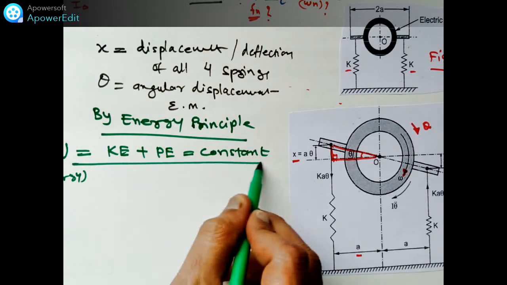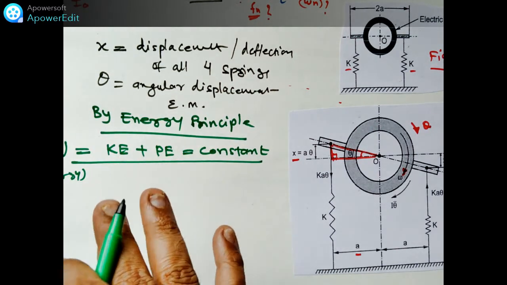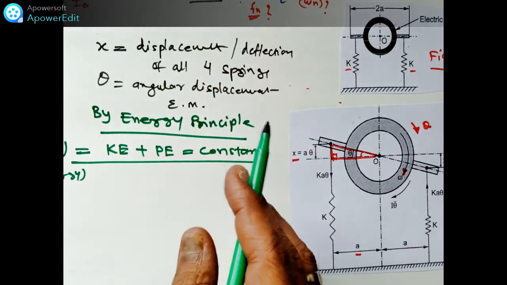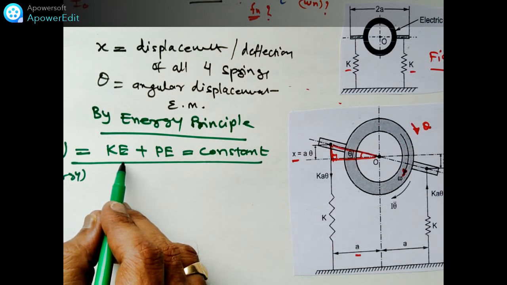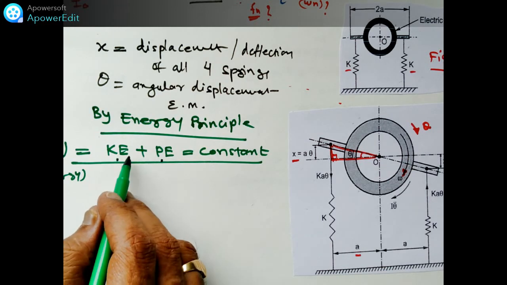That means energy cannot be created nor destroyed, and it can be converted from one form to another form. Kinetic energy and potential energy are converted continuously. So here two terms are there, kinetic energy and potential energy. We have to find the total kinetic energy.